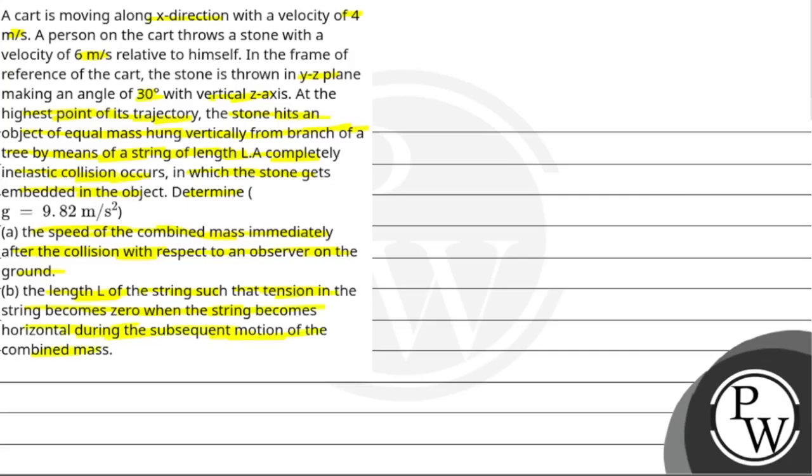So first of all, we need to know the key concepts, which are conservation of momentum. According to conservation of momentum, when no external force is applied, the momentum of a system remains constant.